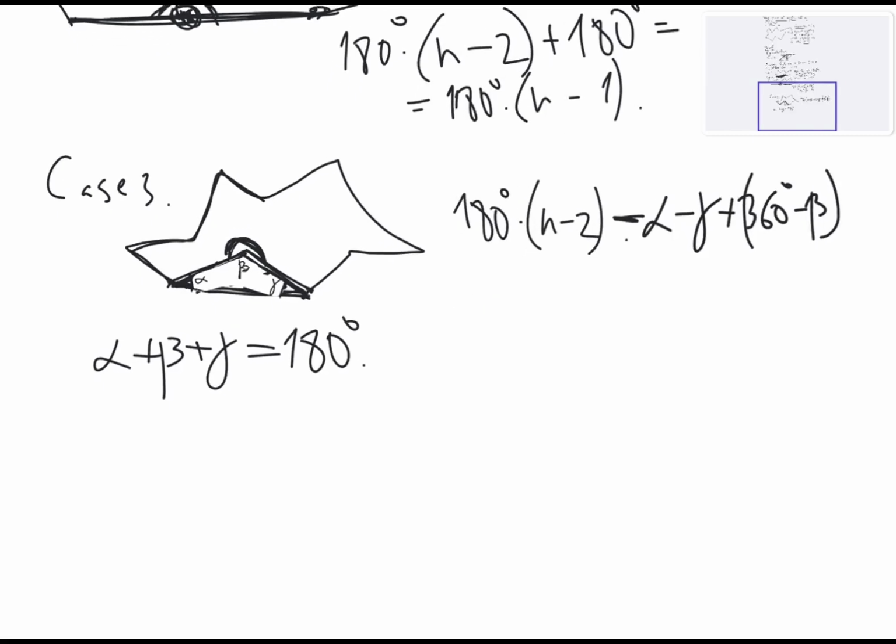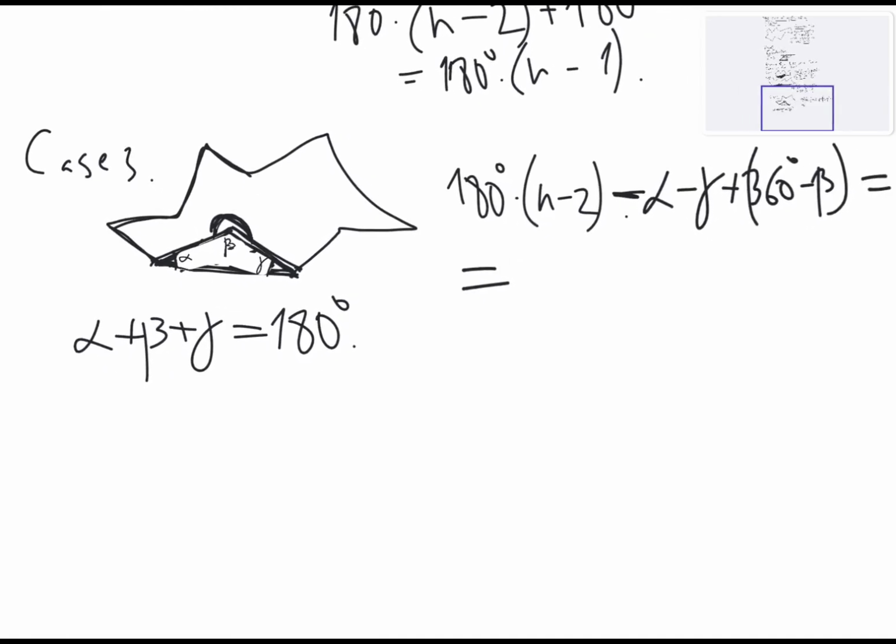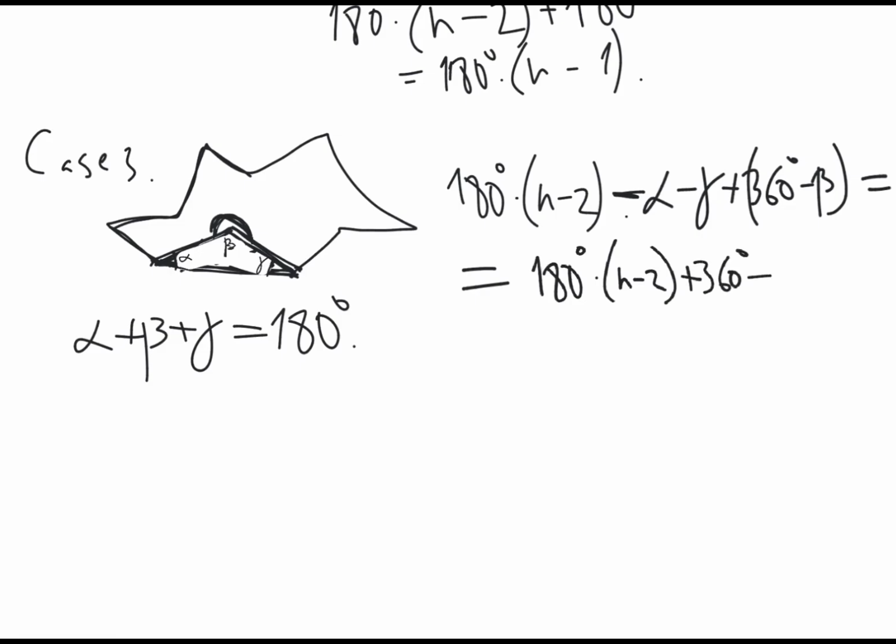And this is equal to what? Let's calculate this. 180 times n minus 2, plus 360 minus alpha plus beta plus gamma, and this is 180.